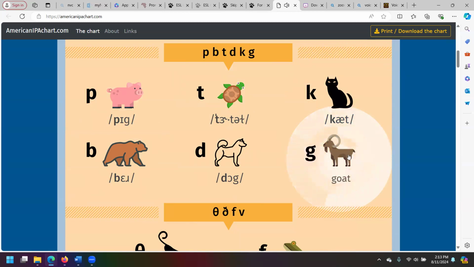So you see, these look like letters. But then you see here, these symbols are different.